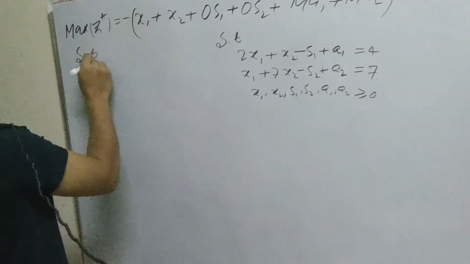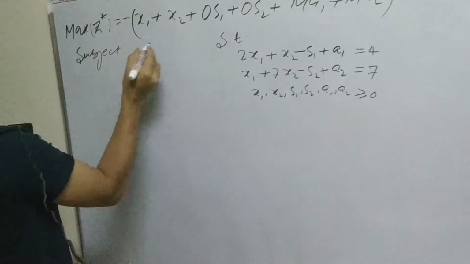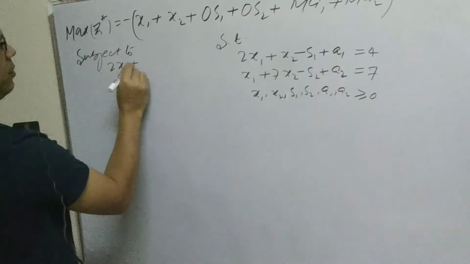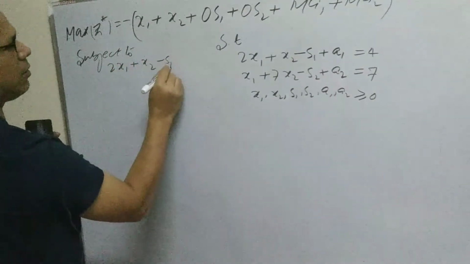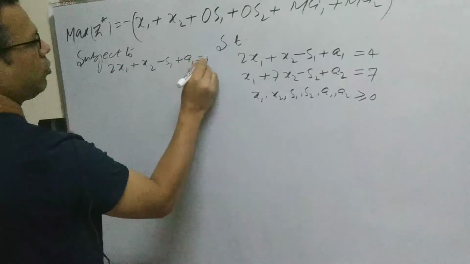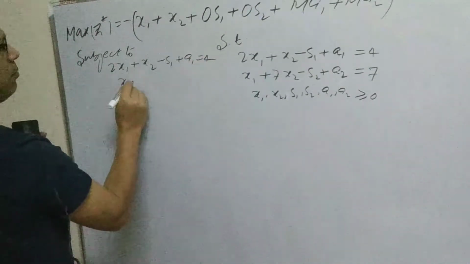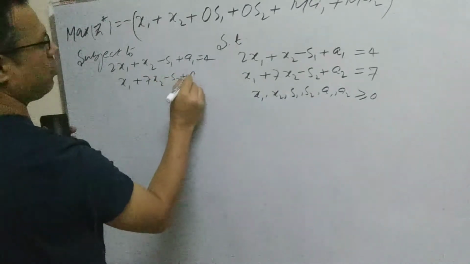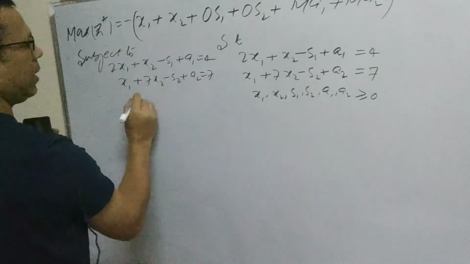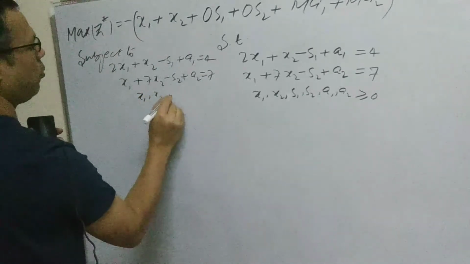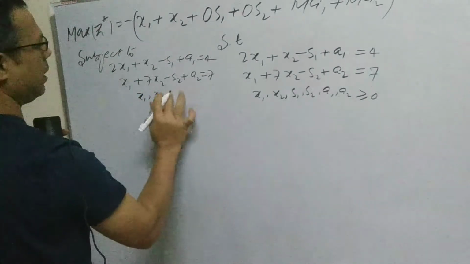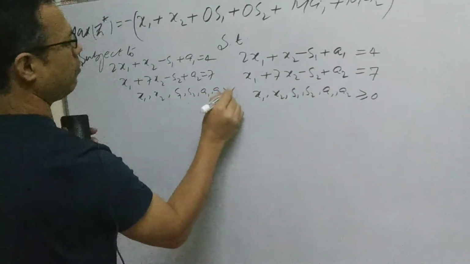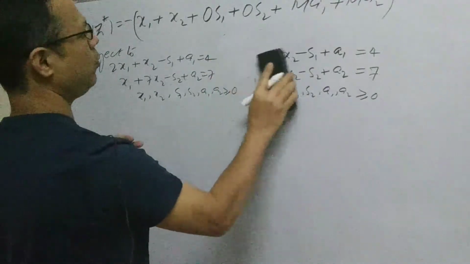and subject to the constraints, which have been changed into the form of equations. Just copy here: 2x1 + x2 - s1 + a1 = 4, x1 + 7x2 - s2 + a2 = 7, and x1, x2, s1, s2, a1, a2, all variables must be greater than or equal to 0.